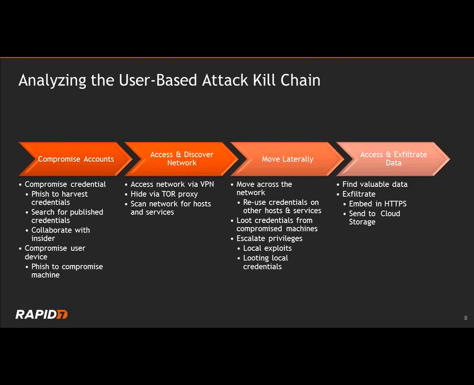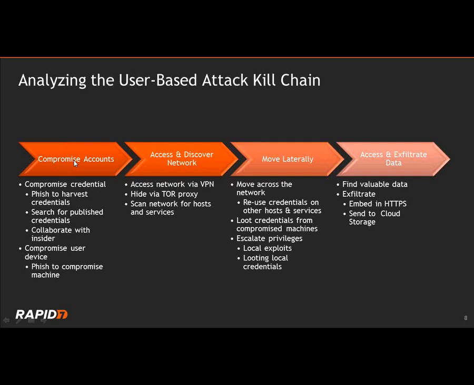So if we now apply this same concept to user-based attacks, we can see the same kind of concept. And note here that we're using slightly different stages from the stages introduced by Lockheed Martin in 2011, because we're talking about a very specific type of attack, and we thought that a different categorization works better and lends itself better to the landscape of these kinds of breaches, but the same concept still applies.